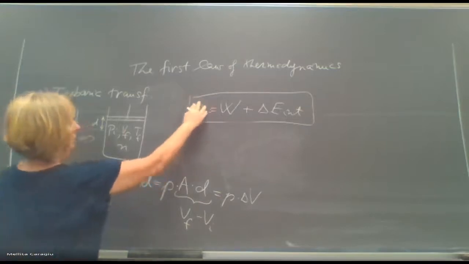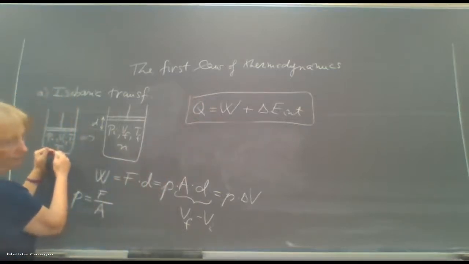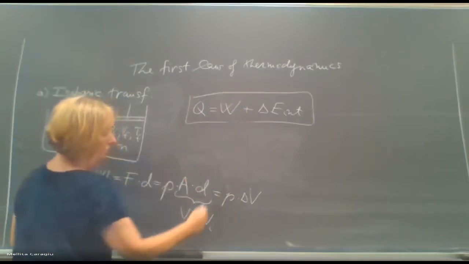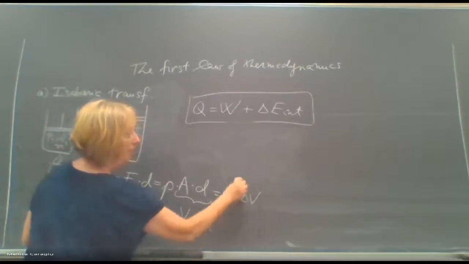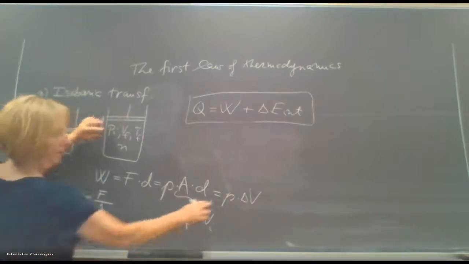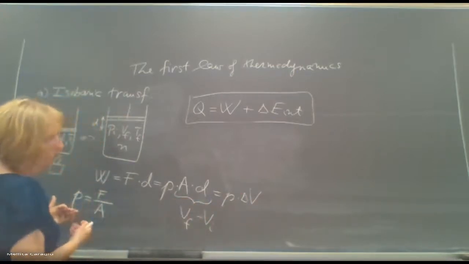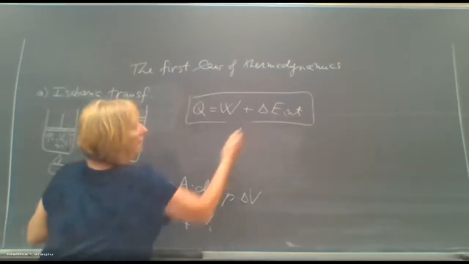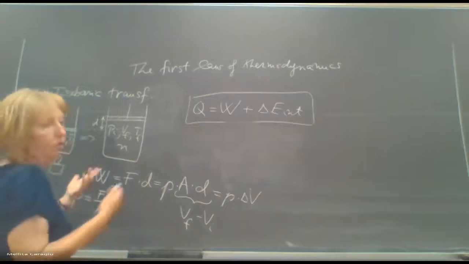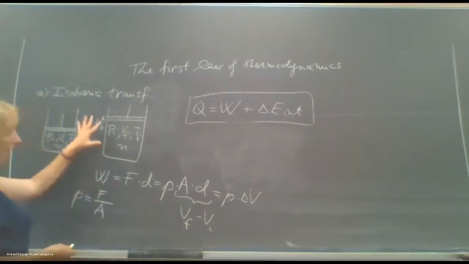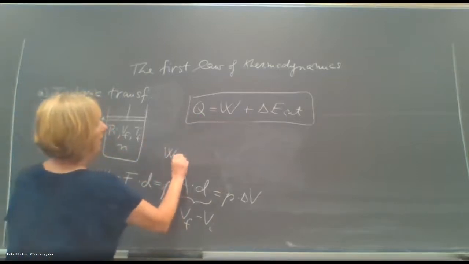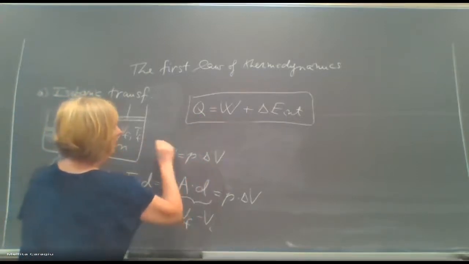We acknowledge that the amount of heat that we give to the gas, part of it is going to be used by the gas to do work, and that work is going to be calculated using the formula, the constant pressure times the change in volume, and the other part of the heat will be used to change the internal energy of the gas, therefore change its temperature. So in the case of an isobaric transformation, that's the only thing that is new.